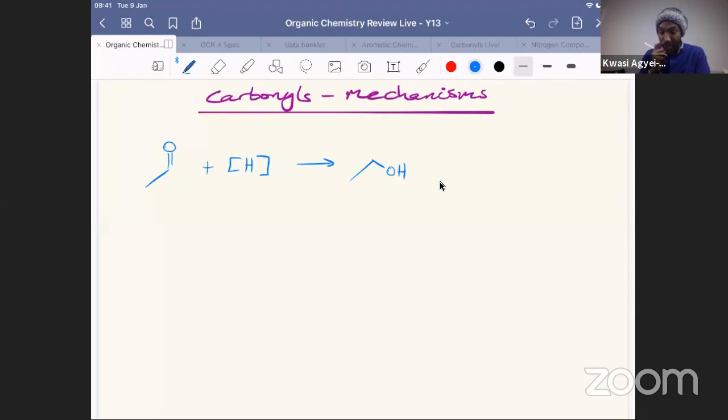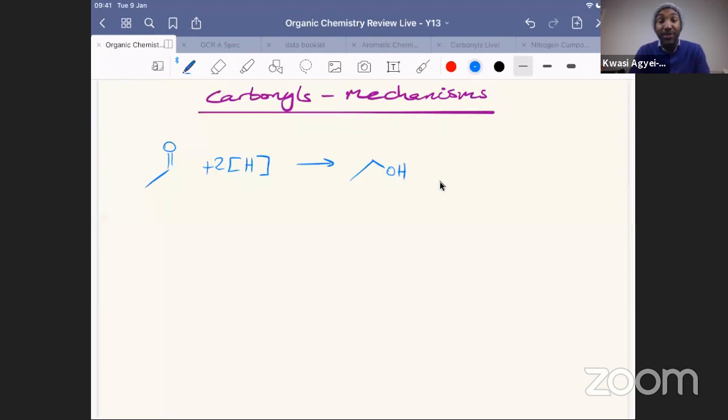We need to consider how many equivalents of our reducing agent we would need to react with our aldehyde. The aldehyde has 4 hydrogens, but your alcohol has 6 hydrogens in total. So you will need 2 equivalents of your reducing agent, sodium borohydride or lithium aluminium hydride.